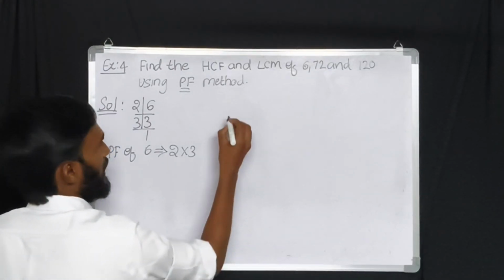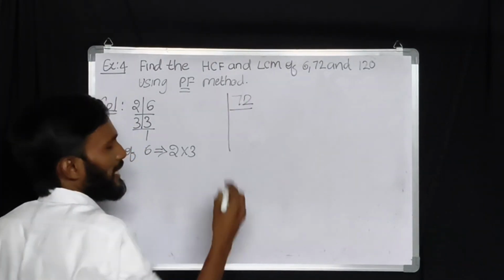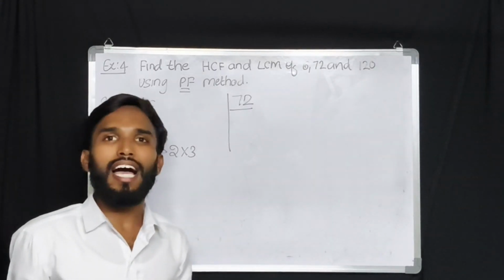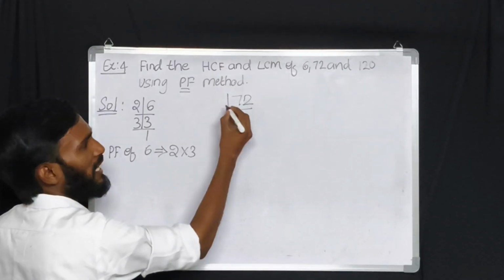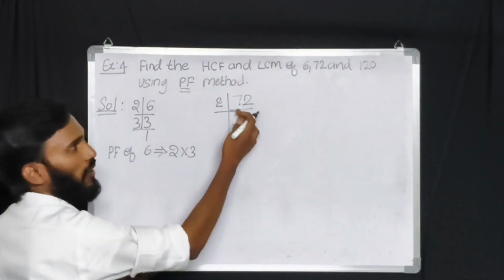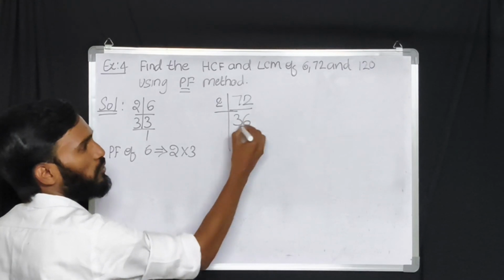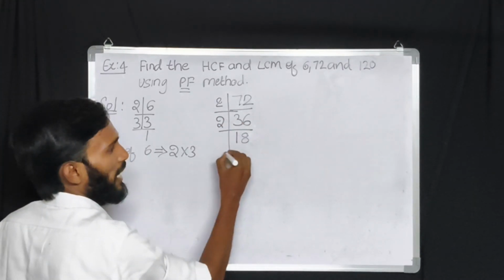Next, 72. If you observe, I said the divisibility rule of 2 is that the last digit should be an even number. Here, the last number is even. How many times in the 2 table? 3 times 6. Here 1 is left. And 12, how many times? 6 times. In the 2 table, 1 time 2, 1 is left, 16. 8 times.